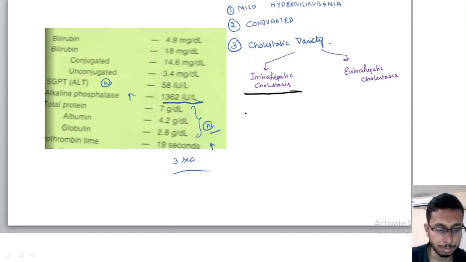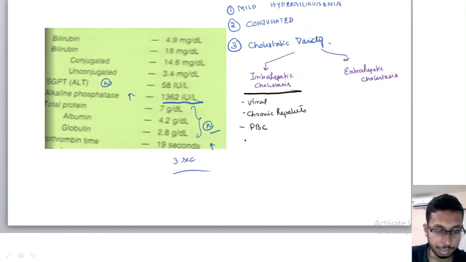Now, intrahepatic cholestasis: viral hepatitis, sometimes the cholestatic variety can present as intrahepatic cholestasis, viral ones. It can be due to chronic nature, as in chronic hepatitis, cirrhosis, that is primary biliary cirrhosis.